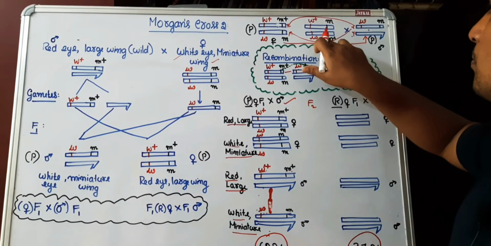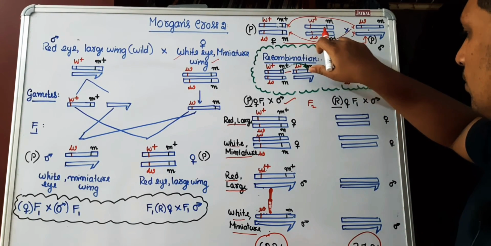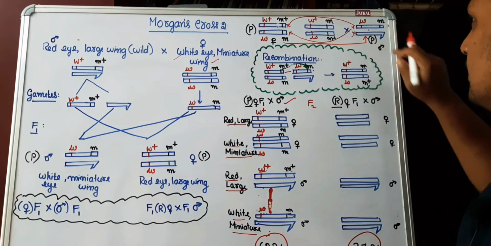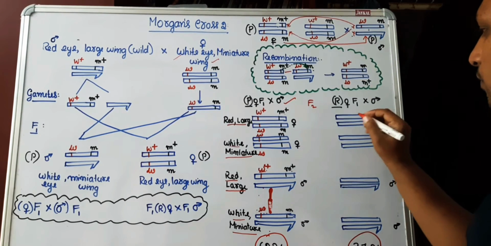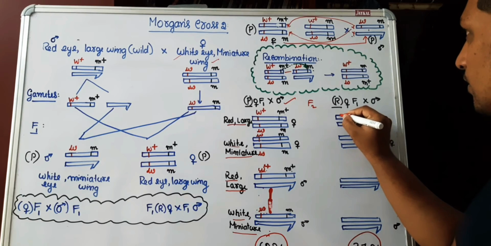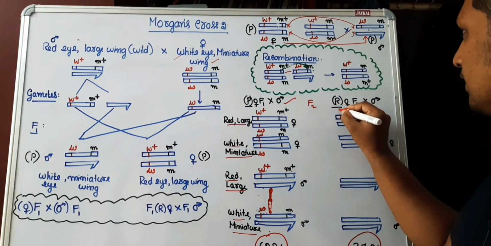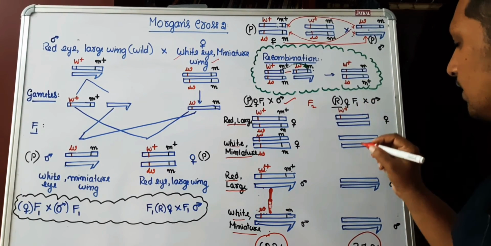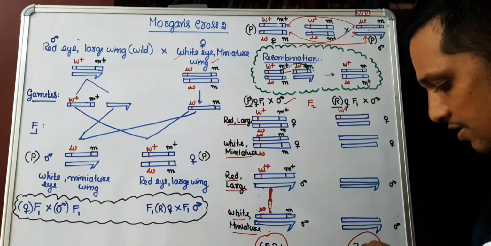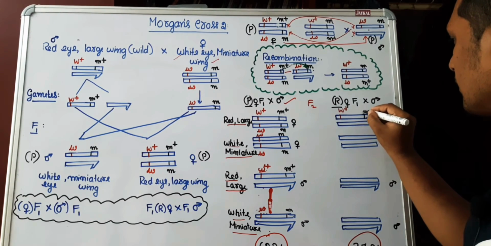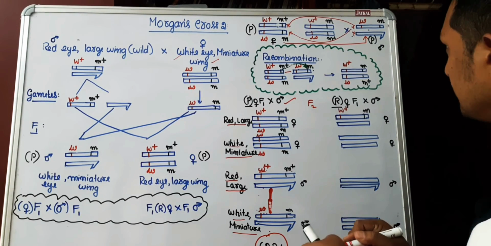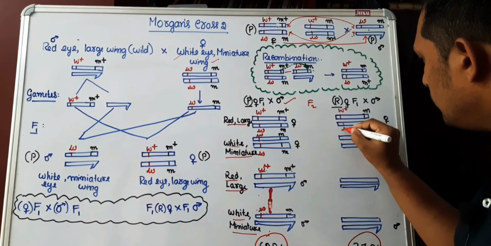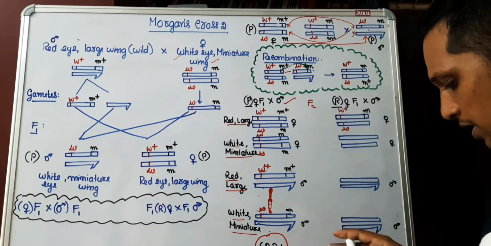Now I have to cross recombinant female F1 with the male. Recombinant female F1 will be having first X with W plus and small m, and the male X is having small w and small m.